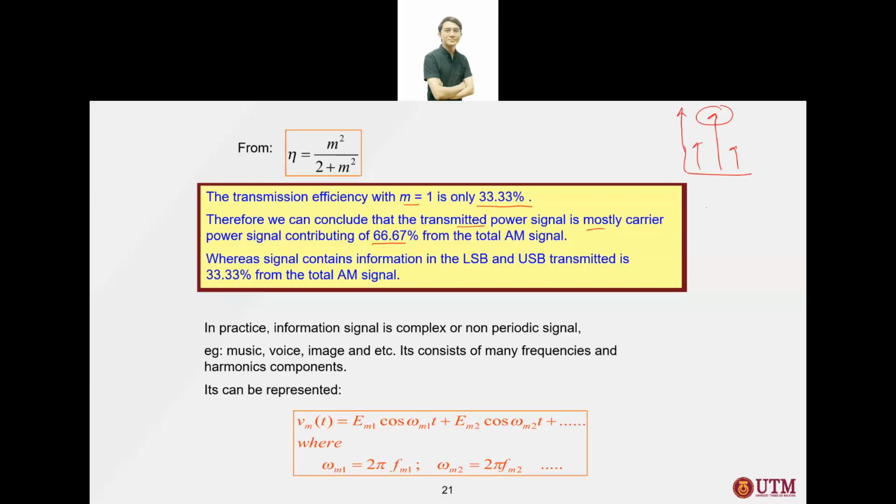When you calculate the power for double sideband full carrier, the carrier contributes around 67% of the power, whereas the sideband contributes only around 33%. So it is a wastage of power, because the carrier power does not contain information.